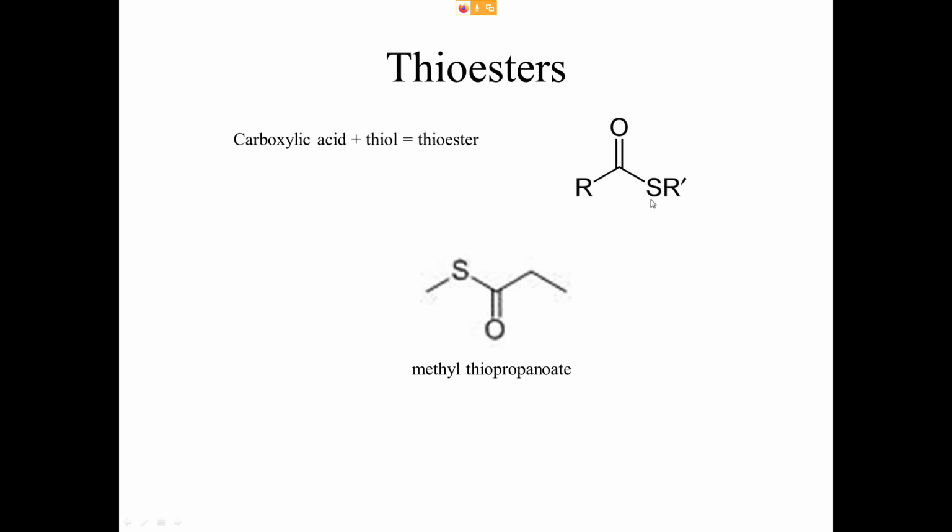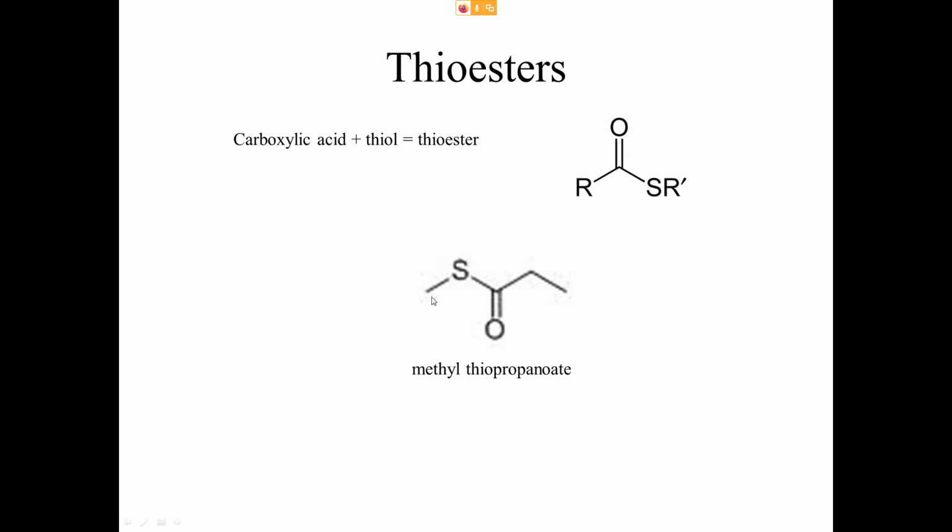So if it's an S, this must have originally been a thiol, which is an alcohol with an S instead of an O. So when you look at something like methyl thiopropanoate here, what components were used to make this? Although the thio is now in this part of the name, because that's described all of this, and this part's described as methyl, this sulfur originally came from the alcohol.